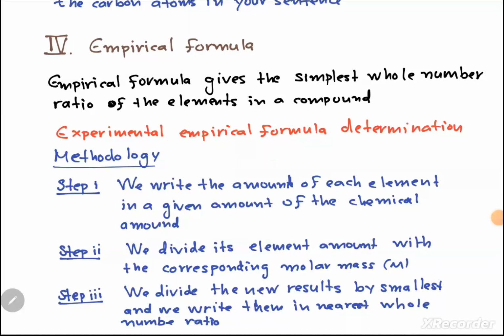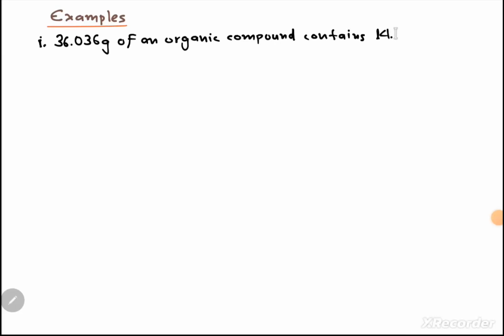Let's see some examples. Example 1. 36.036 grams of an organic compound contains 14.412 grams carbon, 2.424 grams hydrogen, and the rest is oxygen.